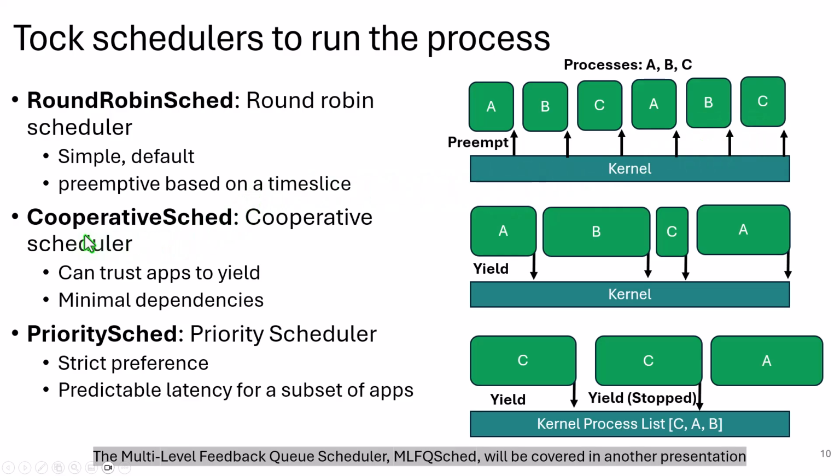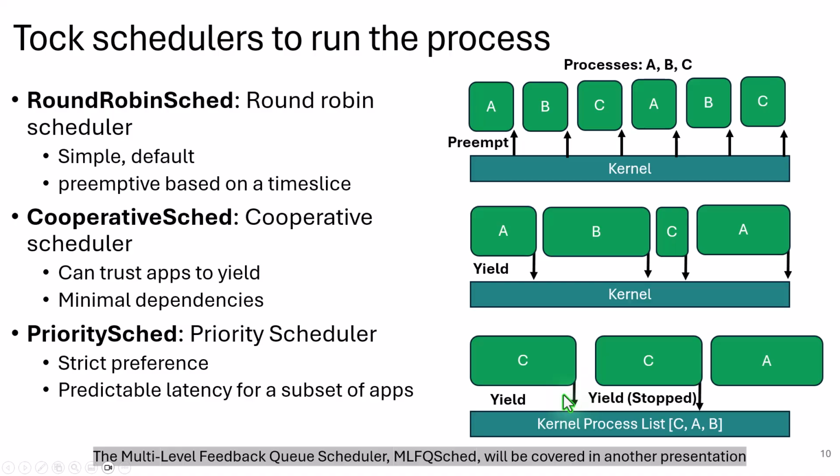The other scheduler is the cooperative scheduler that we talked about. In this case, instead of the kernel preempting the processes, we have these three processes, and the processes yield control back to the kernel. There's trust there that it'll yield control, but it's more efficient. You don't have a bunch of operating system calls, just the ones when the yield is necessary. And then there's a priority scheduler.